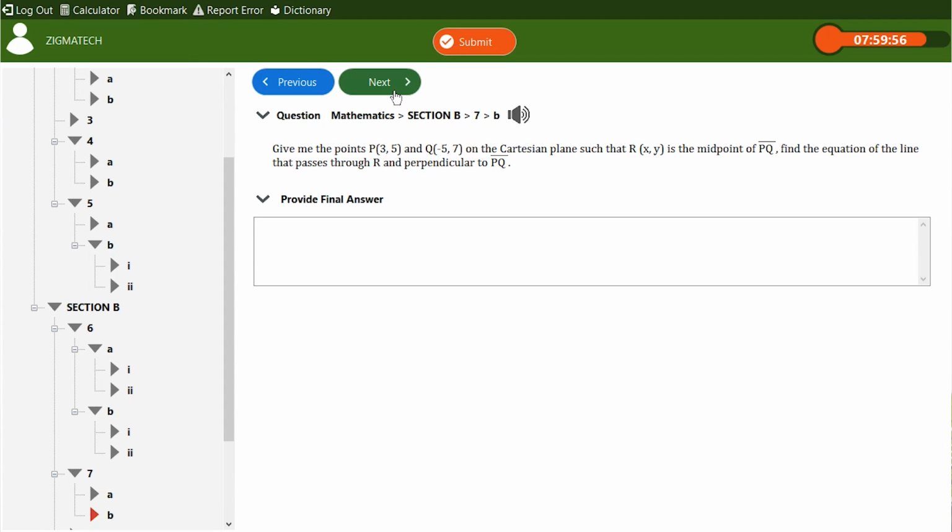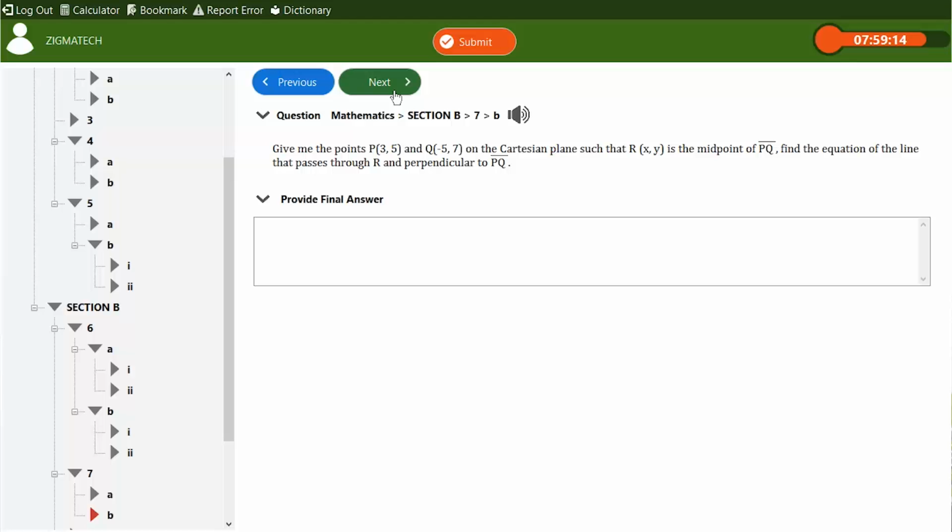Okay, this is the B part of this question. Given the points P (3, 5) and Q (-5, 7) on the Cartesian plane, such that R(x, y) is the midpoint of PQ, find the equation of the line passing through R and perpendicular to PQ.